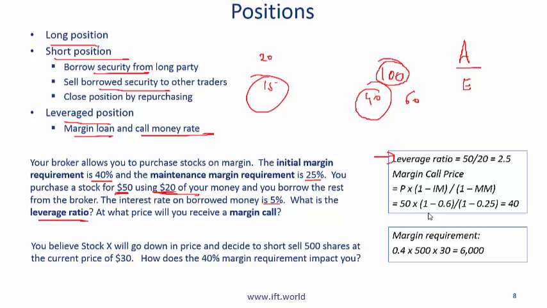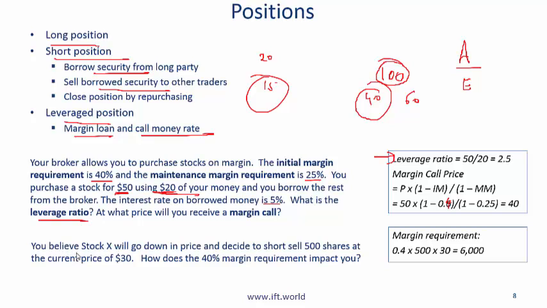So this should actually be 0.4 over here, divided by 1 minus 0.25, where 0.25 is the maintenance margin. And that gives you 40. So if the stock price comes down to 40, you will receive a margin call.